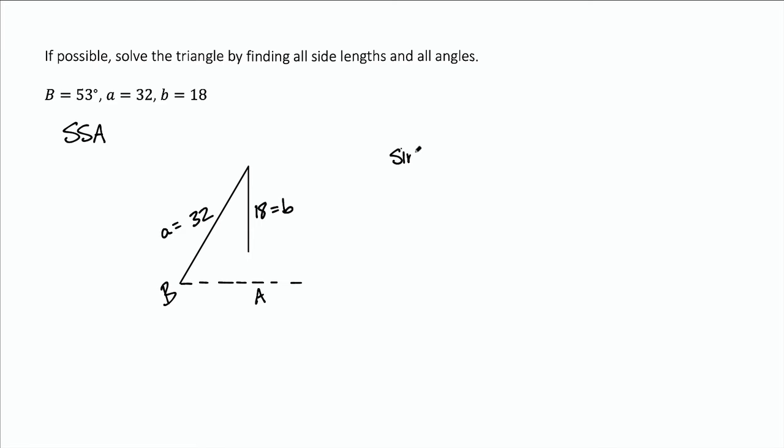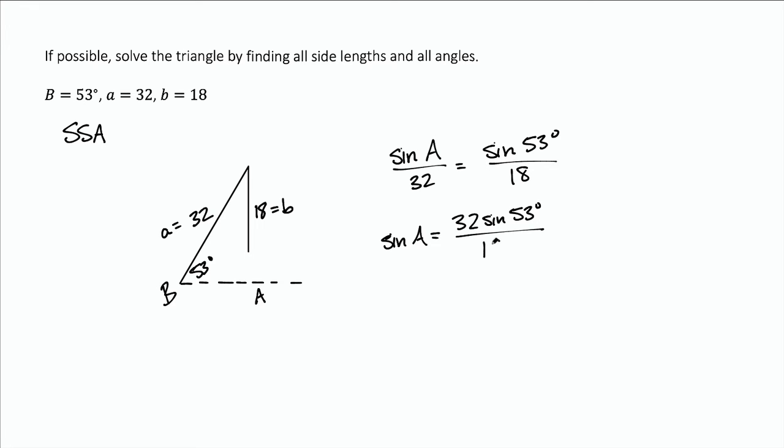So the law of sines states sine of A over side A equals sine of B, which in this case is the 53 degrees, over side length B. And then if we multiply both sides by 32, we get sine of A equals 32 sine of 53 degrees over 18. Let's go ahead and plug that into the calculator.